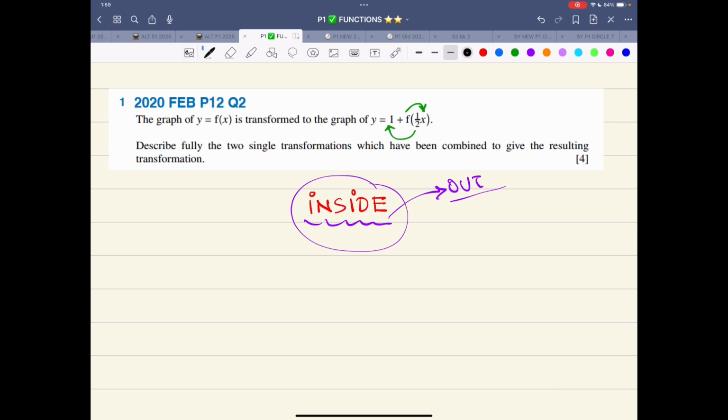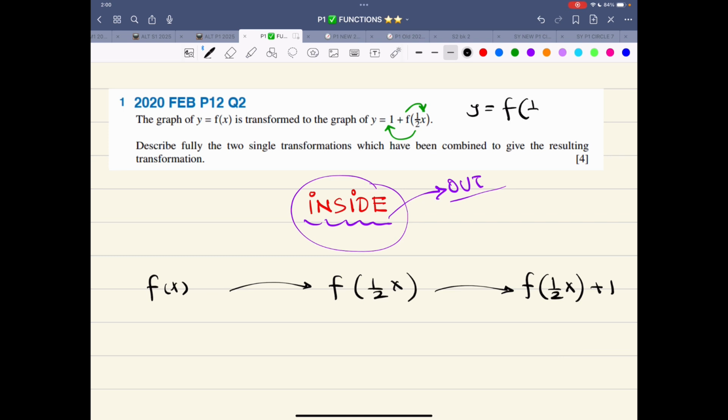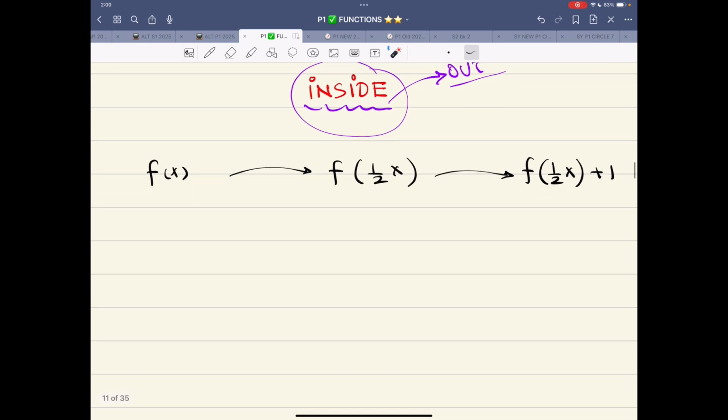So basically what is happening is that f(x) will be transformed to f of half x. It will be transformed into f of half x plus 1. It's better written as y is equals to f of half x plus 1, because unless and until you have a function, what will you do with the vertical translation? So write in the proper format.